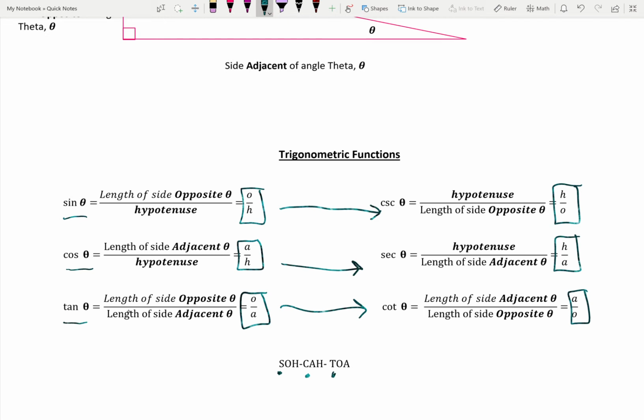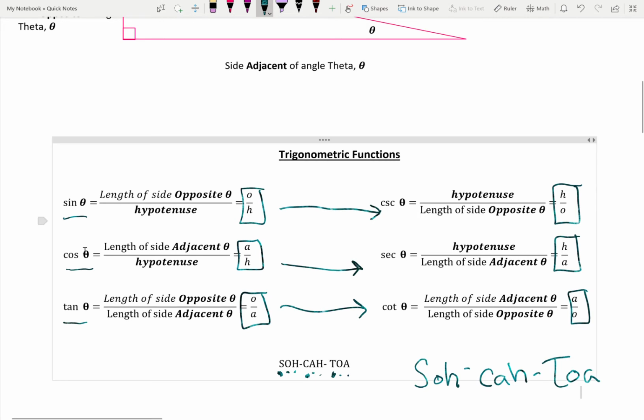And what they're saying is that sine is opposite over hypotenuse, cosine is adjacent over hypotenuse, and tangent is opposite over adjacent. So it's good to remember SOHCAHTOA. Like I said, it's been a long time since I've been in high school, and I still remember it, so it might help you guys out.